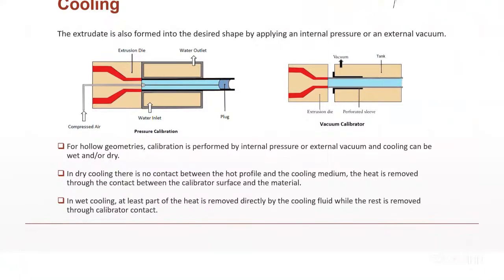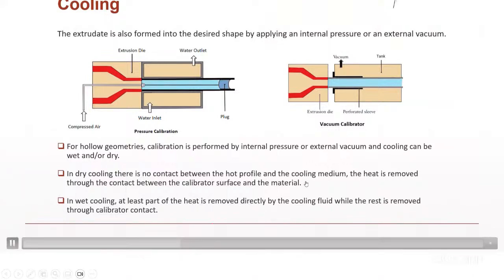We have also seen this thin extrusion die, right? And we have also seen the vacuum calibration and pressure calibration, right? Here are two types of calibration for the pipe, right? See here, water outlet, water inlet. And this is called pressure calibration. See, water is at the top, a pipe going through the inside of the sizing unit.